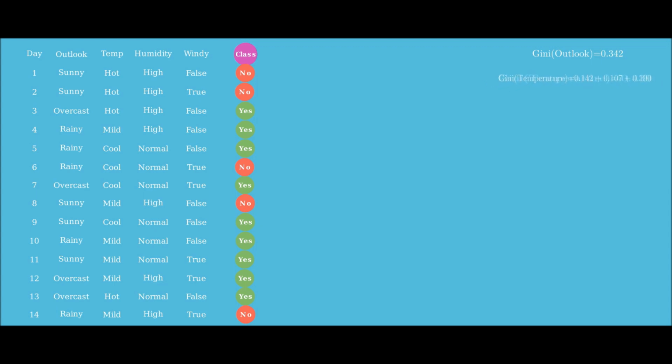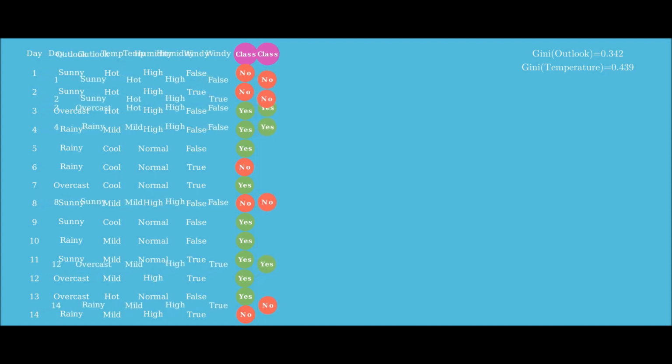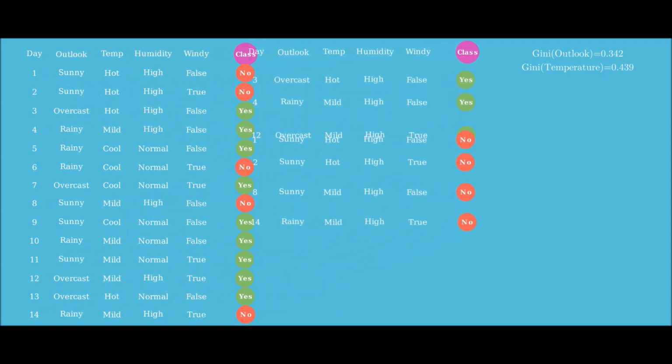Now the third feature is humidity, and for feature humidity and value high we will calculate Gini index.